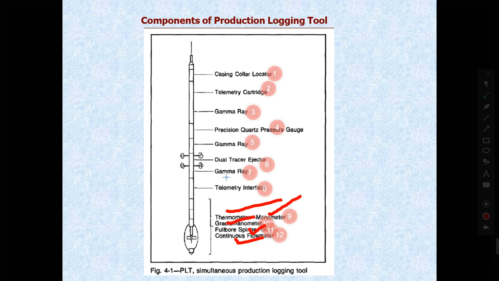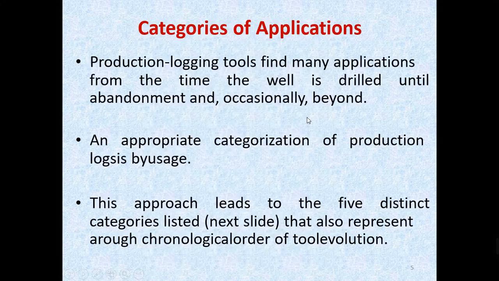We look at the saturation using the gamma ray, or the leakages. We have a casing collar locator to look at the integrity of the casing. We monitor pressure, temperature, flow meter, velocity, and leakages. It has a camera also nowadays in the modern tool. I will show you all of them.